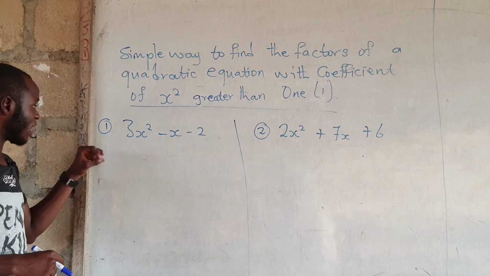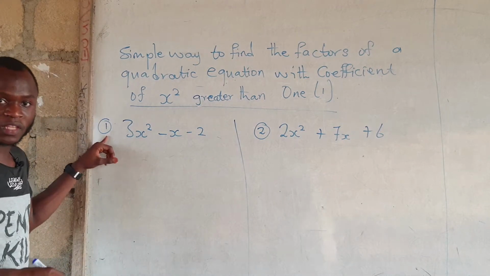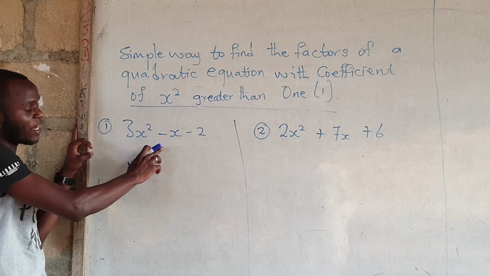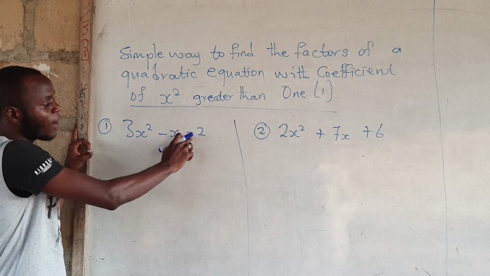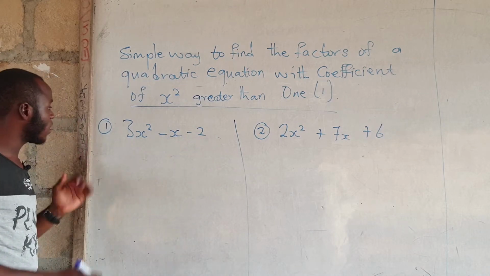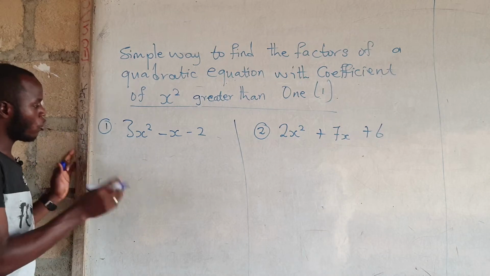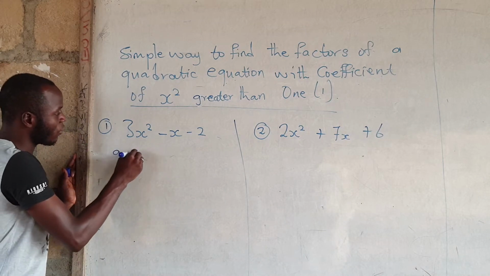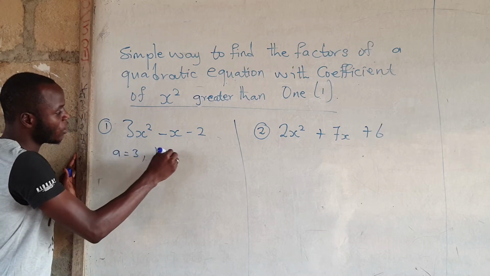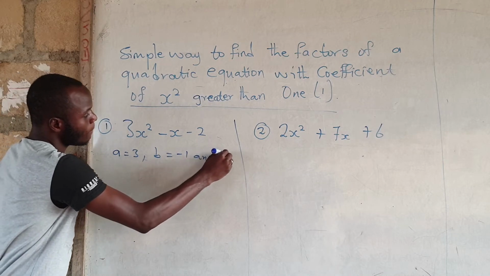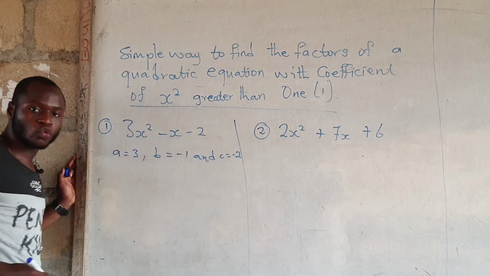Now without wasting much time, let's begin with the solution of the first question, which is 3x squared minus x minus 2. The first thing that you have to do is identify our a value, which is 3, b, which is -1, and c, which is -2.